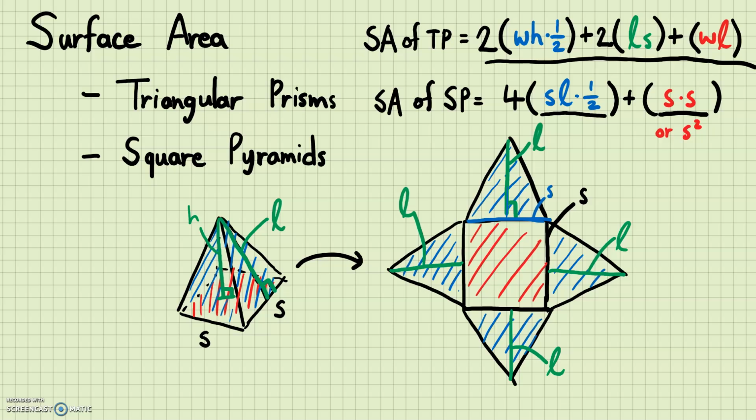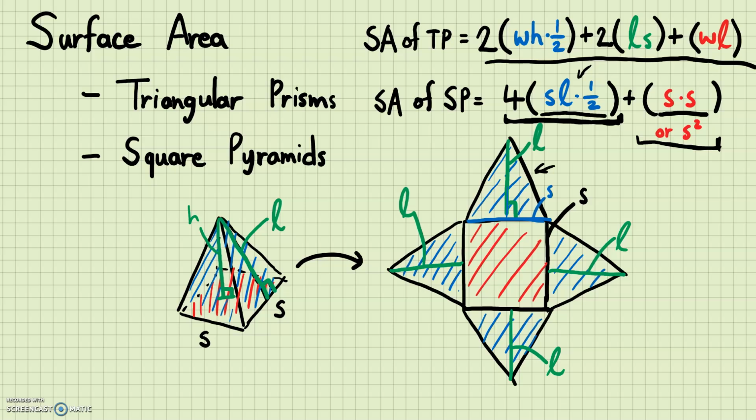I think the formula looks much more complicated than it actually is. If you recognize that the first part of this is considering the triangles, that's why I've written this in blue, the 4 blue triangles, and the second part of this refers to our red base, the red square as the base.